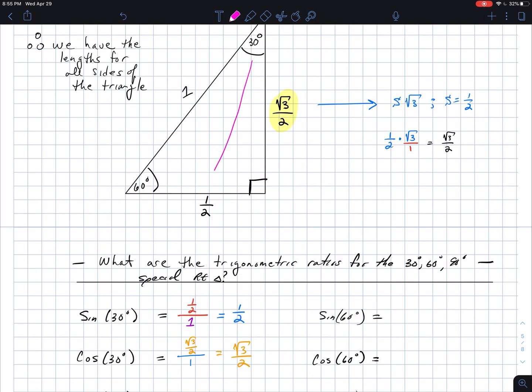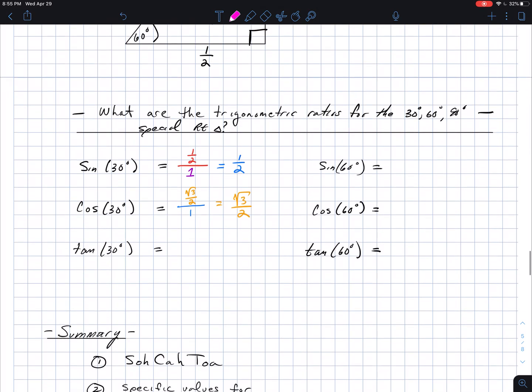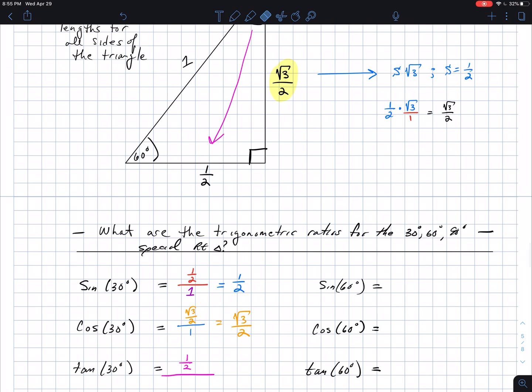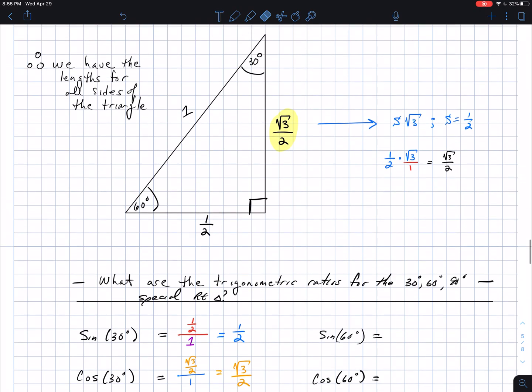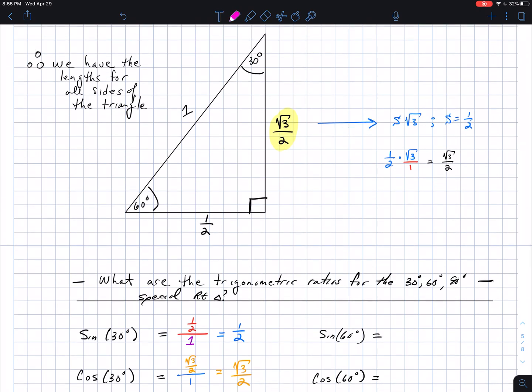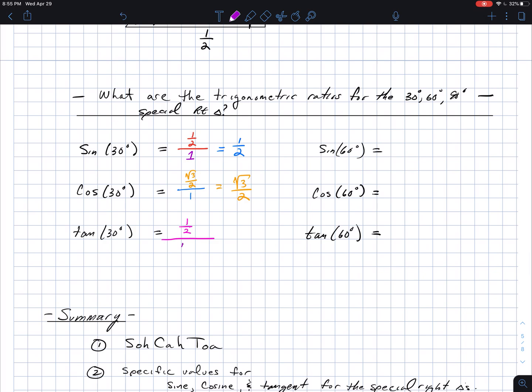The opposite side to 30 degrees is 1/2. The adjacent side to 30, well, it can't be the hypotenuse 1. That's got to be this guy right here, root 3 over 2. So let's put that in. Root 3 all divided by 2.